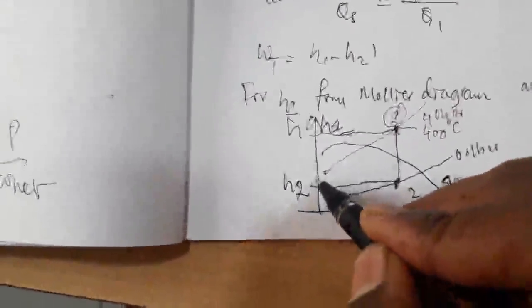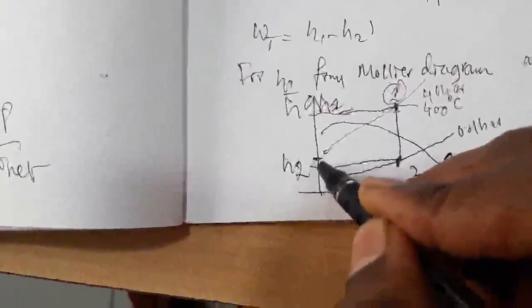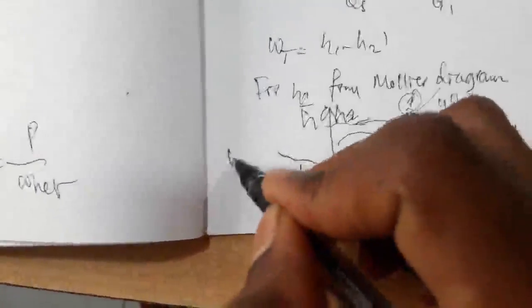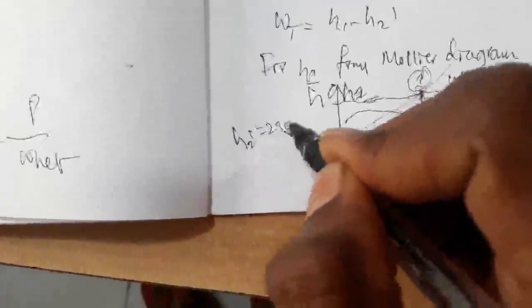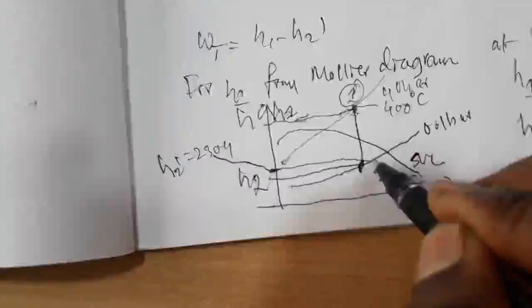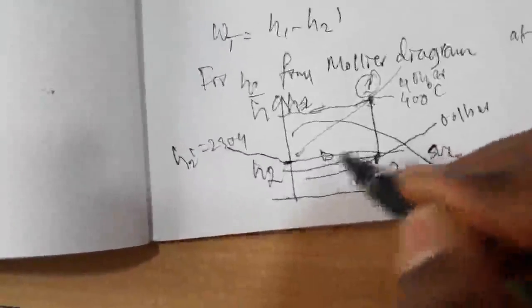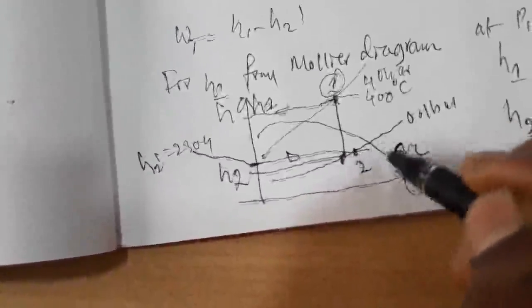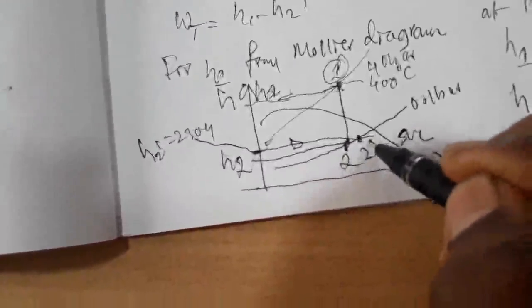See, once you know this value 2309 for H2 dash, I can mark it on the Mollier diagram. I can mark 2309, that is the value here; this point is H2 dash equal to 2309. Then we need to move from left to right in this direction. Wherever this point cuts the 0.1 line, I can mark it as point 2 dash.